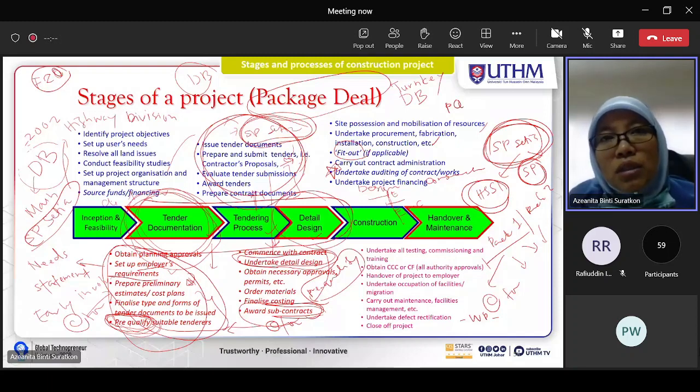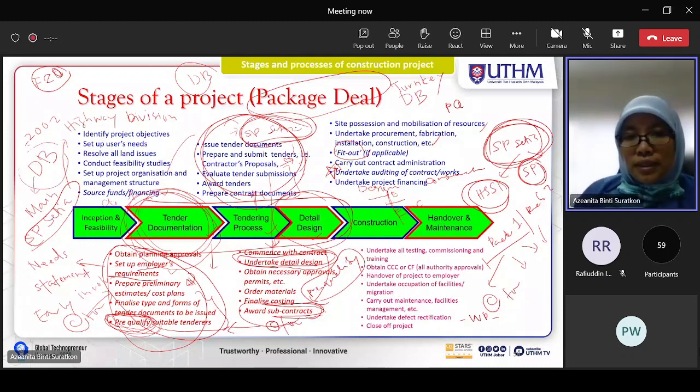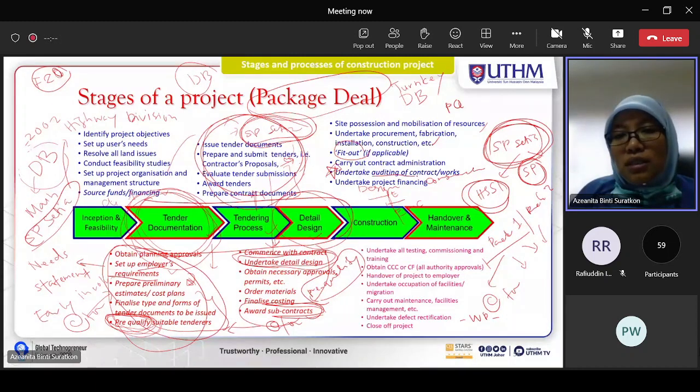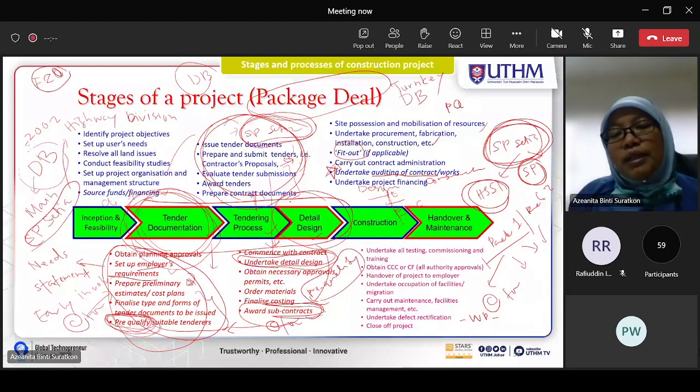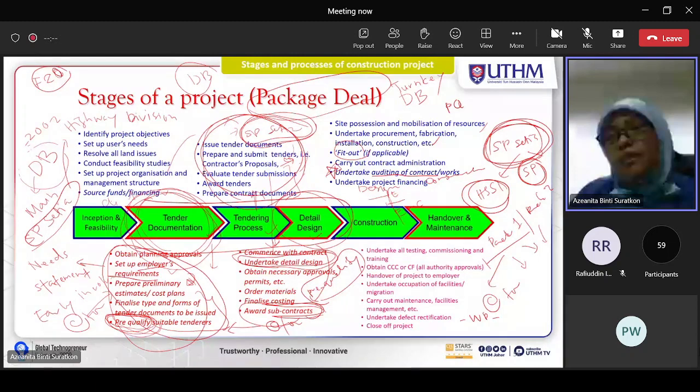Sometimes the client can appoint a consultant to do the auditing, auditing of the project, the design, everything. This auditing can take place during the design and also the construction work, just to have one independent body check the work of the contractor if the client wants.